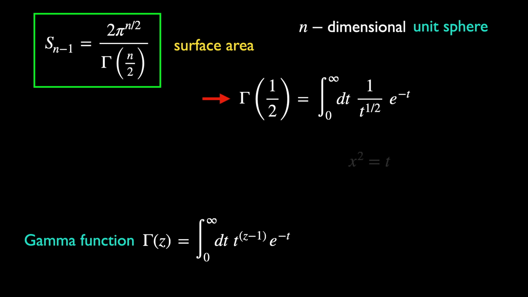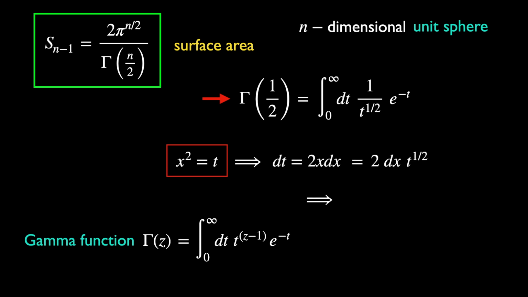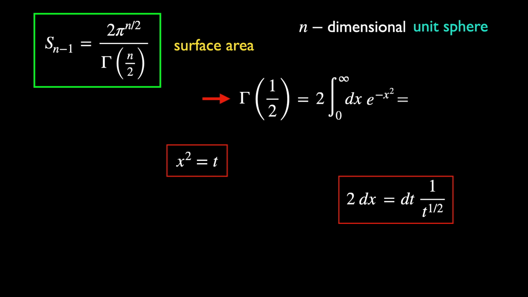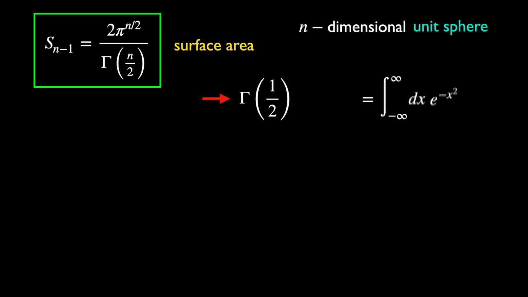Just change variable to x. Notice that this is the reverse of the previous steps in getting to the gamma function from a Gaussian integral. From here, we just get the standard value of the square root of pi.